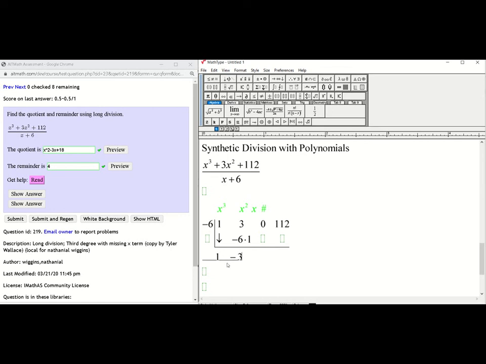So that's going to be a -3 here. That's fine. -6 times -3 goes here, so that's going to be 18. I add these down, so I'm going to get an 18 there. -6 times 18 was -108. And 112 minus 108 is going to be 4. You follow me?